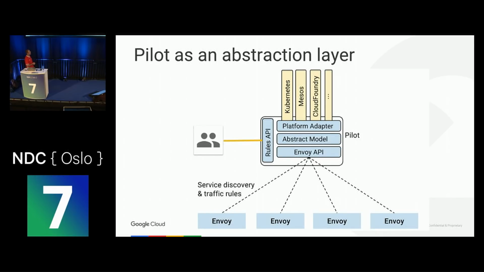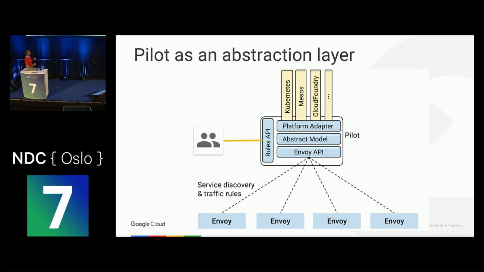And Pilot acts like a good abstraction layer, both for the envoys, the proxies, and for users as well. So for users, when you want to configure your proxies, you will talk to the Pilot through a rules API. And Pilot will take those rules and convert them into platform-specific rules. So if you're running on Kubernetes, it will convert those rules into Kubernetes rules.